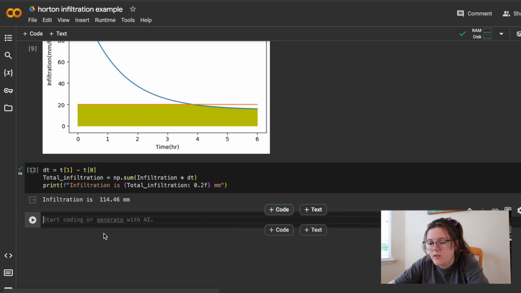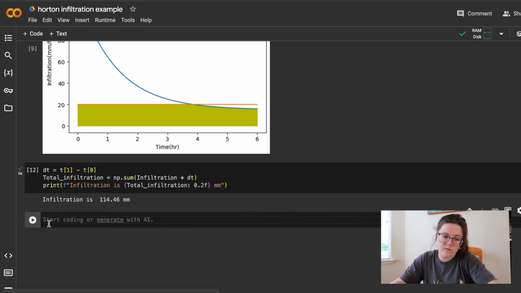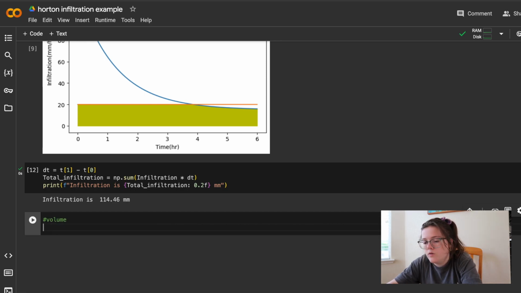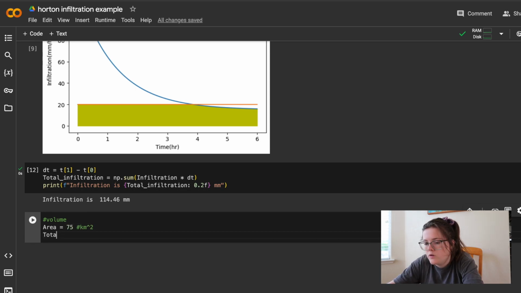And then let's try to get that to the volume of infiltration that we had before. So we know that our area is 75 square kilometers. Our total infiltration, we'll rewrite it. We'll just write over the one that we had previously. It's gonna be total infiltration divided by 10^6.